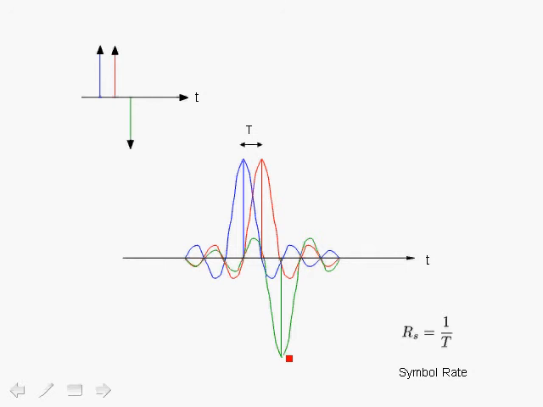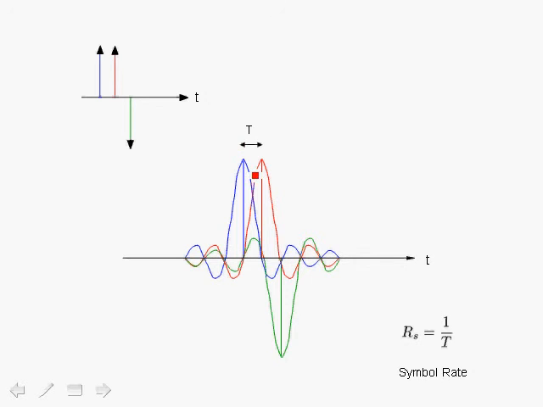Notice that for the third impulse also, spaced T seconds apart, at its peak both the first impulse and the second impulse go to zero, so there is zero intersymbol interference at this point in time. This is a very nice property of the sinc function, and of a whole class of pulses that we will discuss called raised cosine pulses, or Nyquist raised cosine pulses.